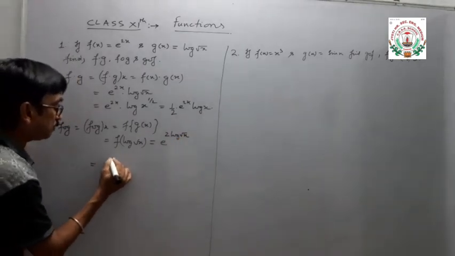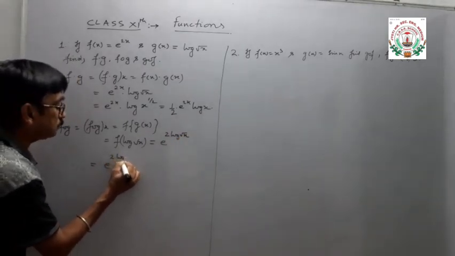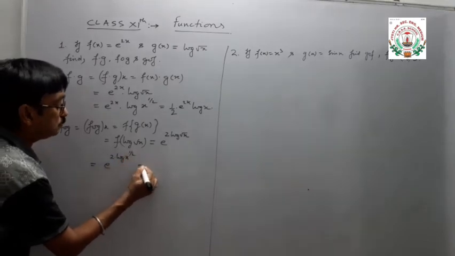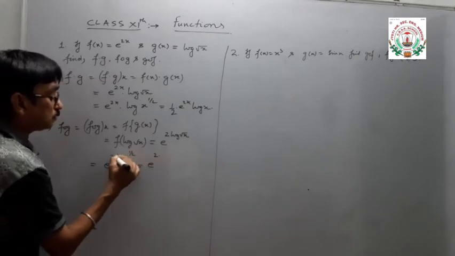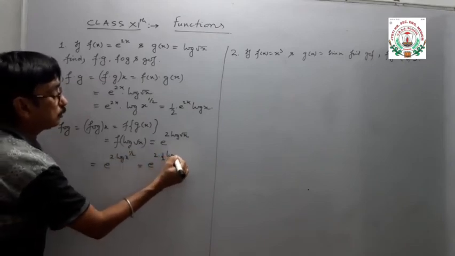So e to the power 2 into log x to the power 1 by 2, by the same formula. This power will come to the coefficient, 1 by 2 log x.